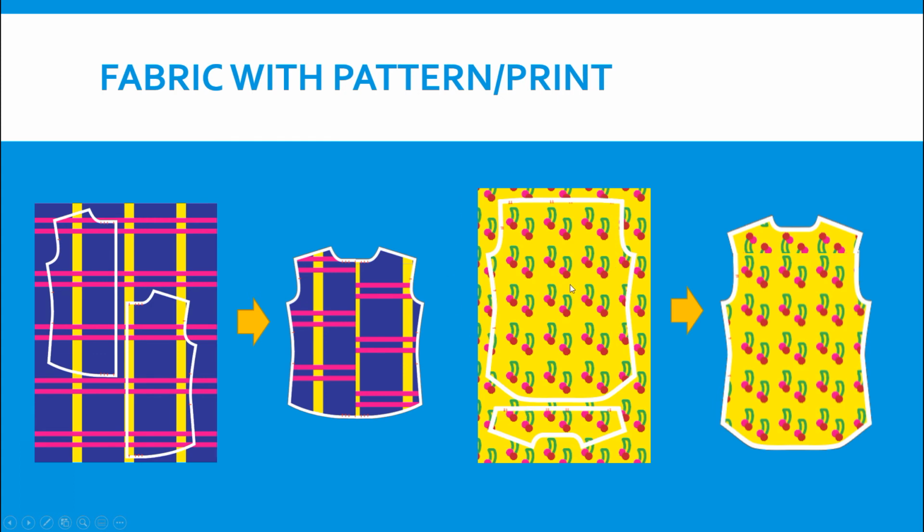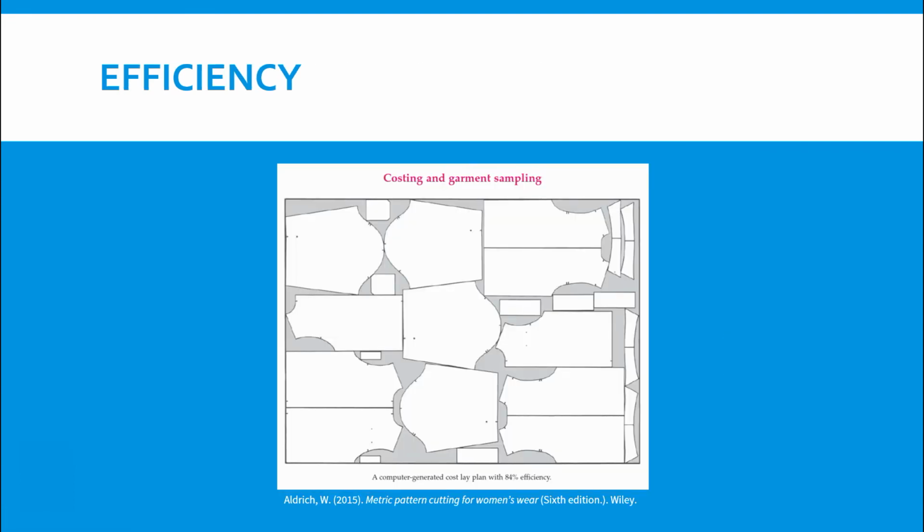So the first pattern is the back bodice, and the second pattern is yoke, and the yoke is flipped. So when these pieces are cut and sewn together, you can see the patterns of this fabric won't match because of flipping. So please pay more attention when using fabric with pattern or prints.